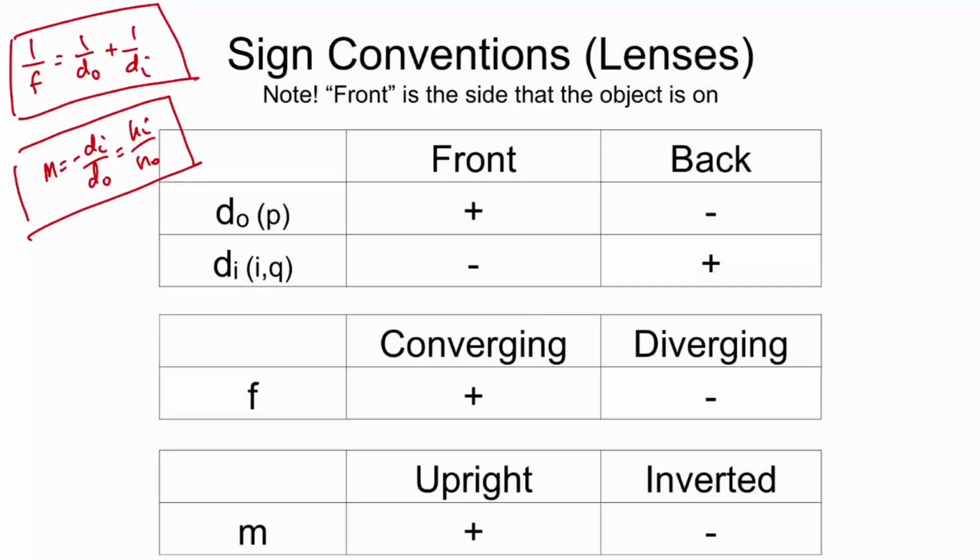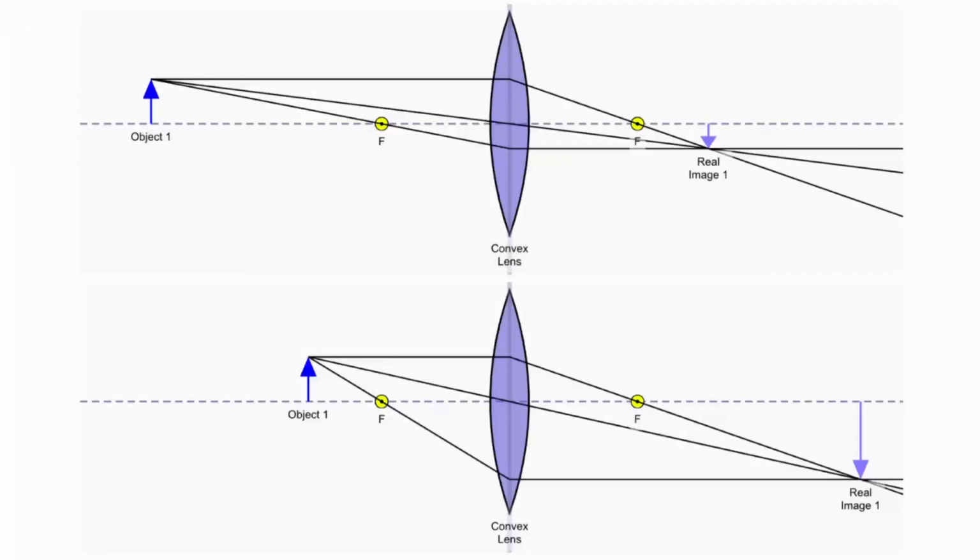These sign conventions, these equations, and these pictures all work together to allow you to predict what's going to happen, but also check what is going to happen. Like in optics, it should be really hard to make a mistake.